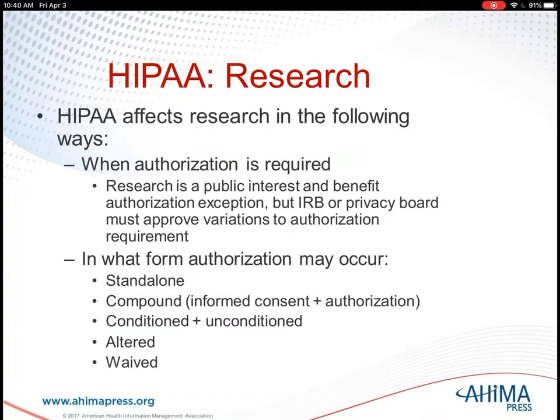Okay, so it's consent for the study, and then it's also authorization for the use and disclosure of the information. Then you have what we call conditioned and unconditioned. So, the privacy rule has generally prohibited the conditioned authorization in which covered entities condition treatment, payment, and health plan enrollment or benefit eligibility on an authorization. So, basically that one's kind of out.